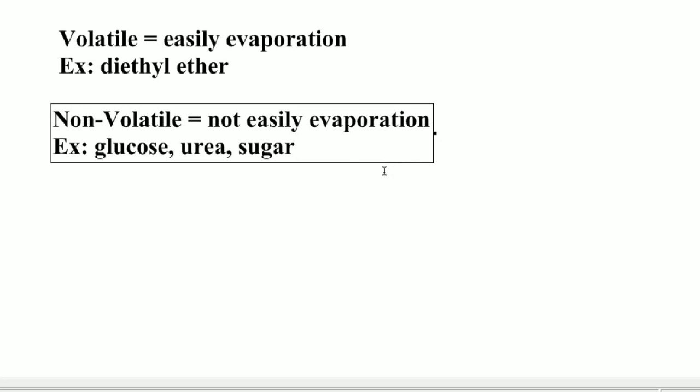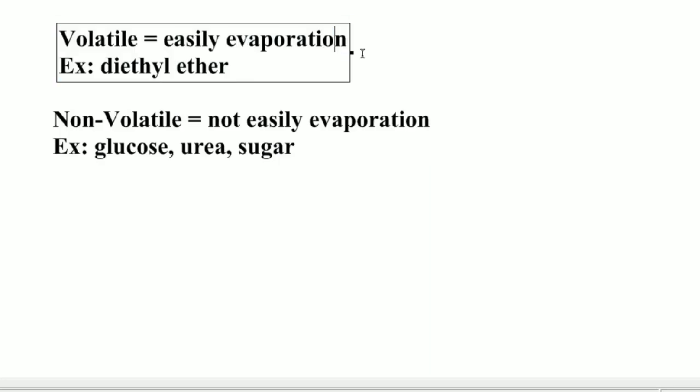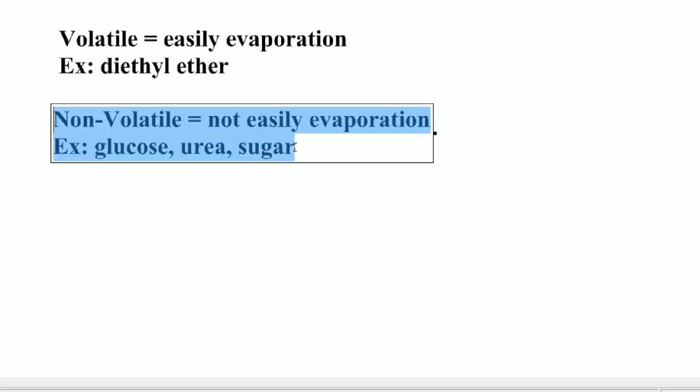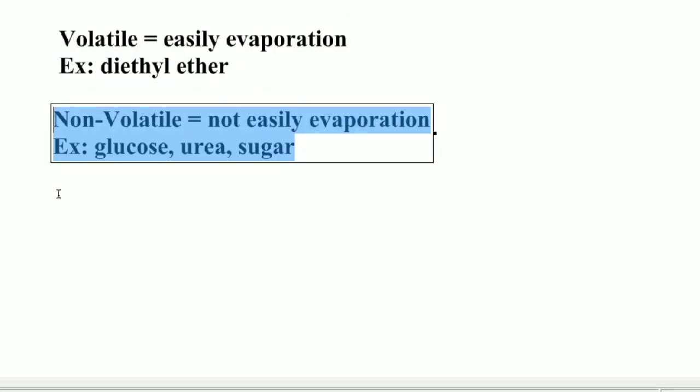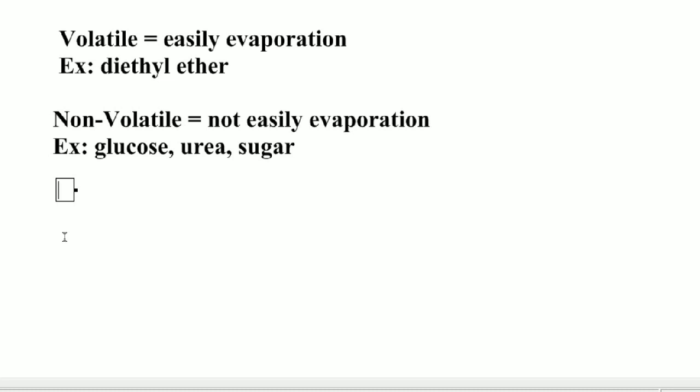All these are examples of non-volatile. Easily evaporating at normal temperature is volatile; not easily evaporated at normal temperature is non-volatile. When we are familiar with the meaning of volatile and non-volatile, we can easily understand the colligative properties.